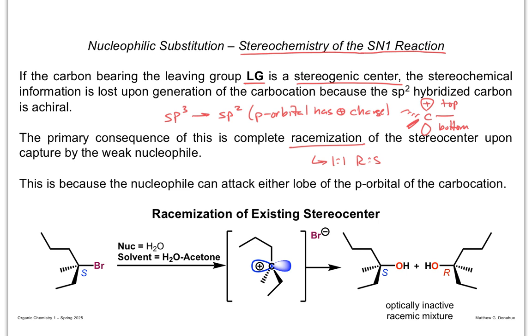The example shown here is a tertiary bromide. We can see that that carbon has 4 unique substituents: bromine, methyl, ethyl, and propyl side chains. It's ionized, so sp3 now to sp2. There's the p orbital.